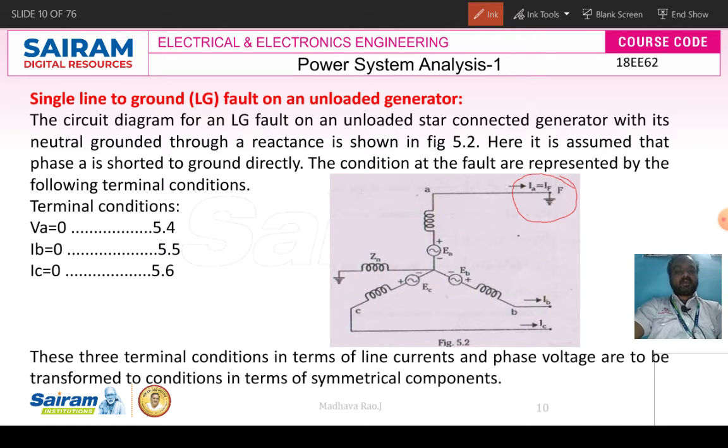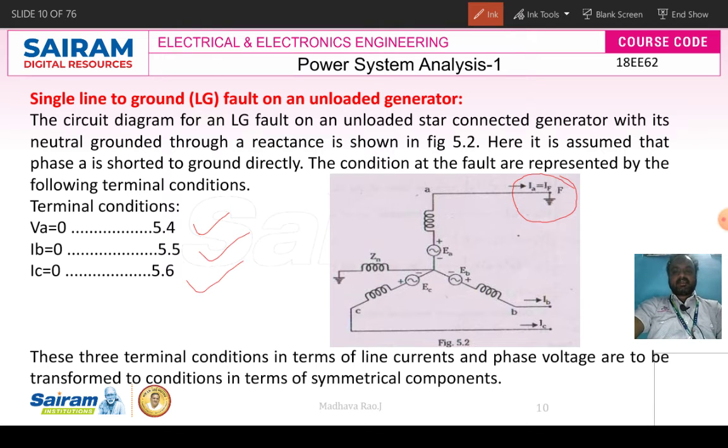When an LG fault occurs, where does it occur? At A line to ground, so the voltage across A phase will be equal to 0. Since the remaining two phases, B and C, are open circuited, the current flowing in B and C is 0. Here we can observe the equations.